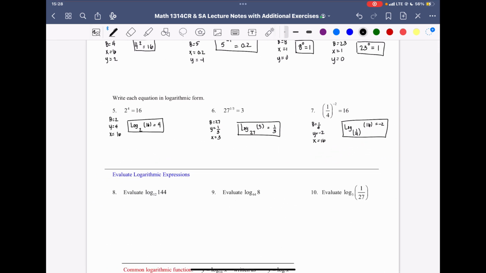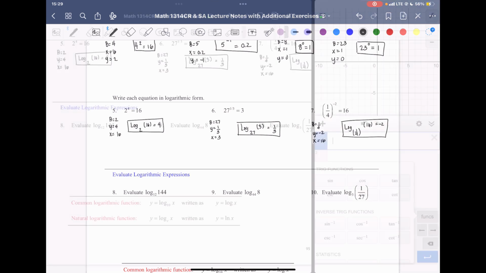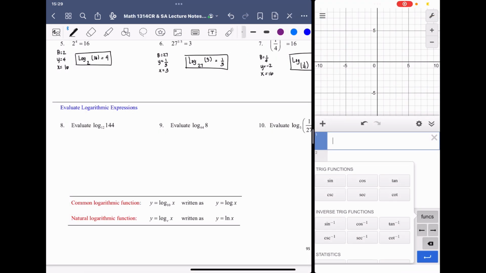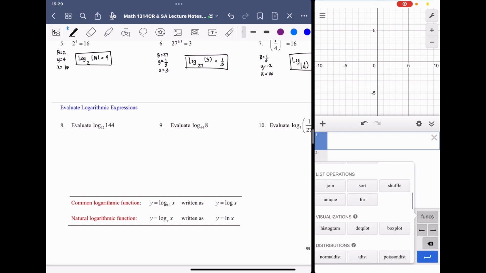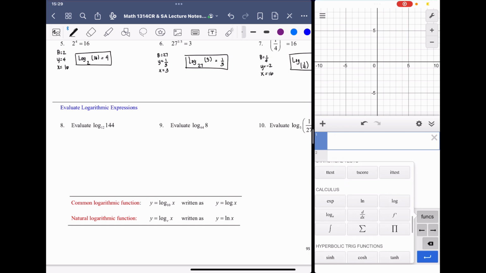And then for this next one, part 8, we're just going to evaluate. And we're just typing that into Desmos. Logs that are in our homework and in the Desmos calculator. Someone earlier said, change a base. We're not doing that.